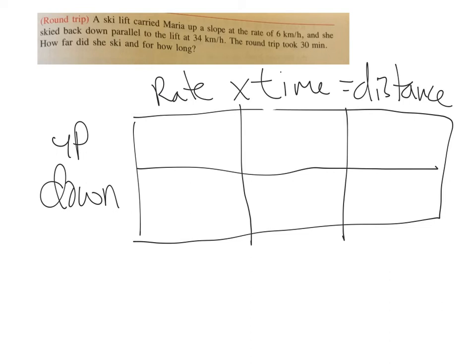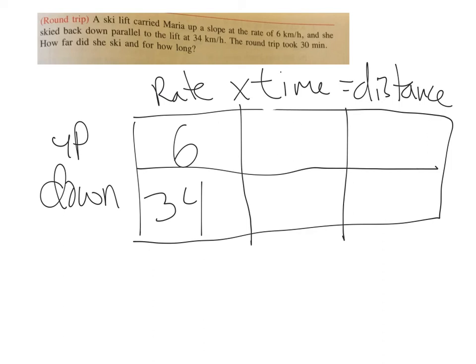Well, the first thing, rate. The ski lift carried Maria up the slope at a rate of 6 kilometers an hour. So we know she's going up at 6 kilometers an hour. And she skied back down parallel to the lift at 34 kilometers an hour. So up is 6, down is 34. The whole trip takes 30 minutes.